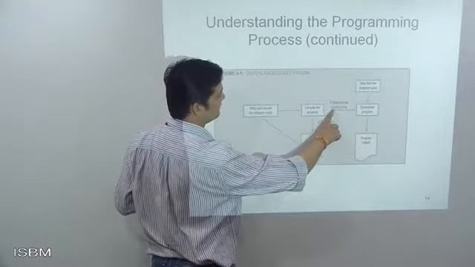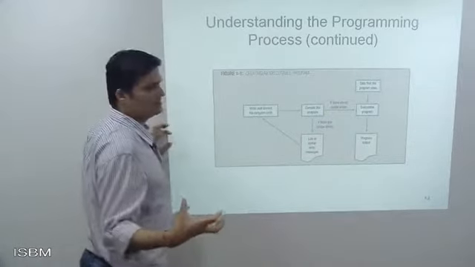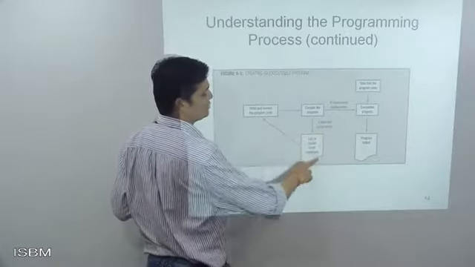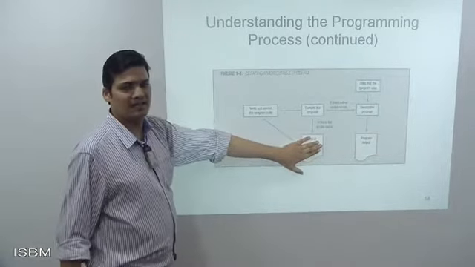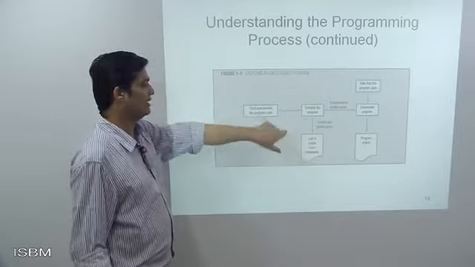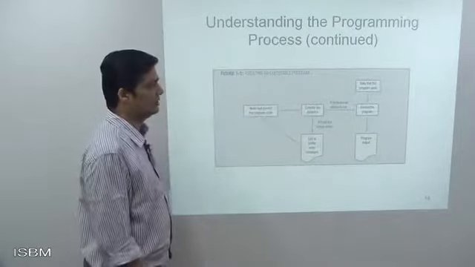If there is no syntax error, it will execute the program properly. If there is a syntax error, it will show you an error message, and you need to rectify those syntax errors. Only then can you write your code again, and repeat the same process.